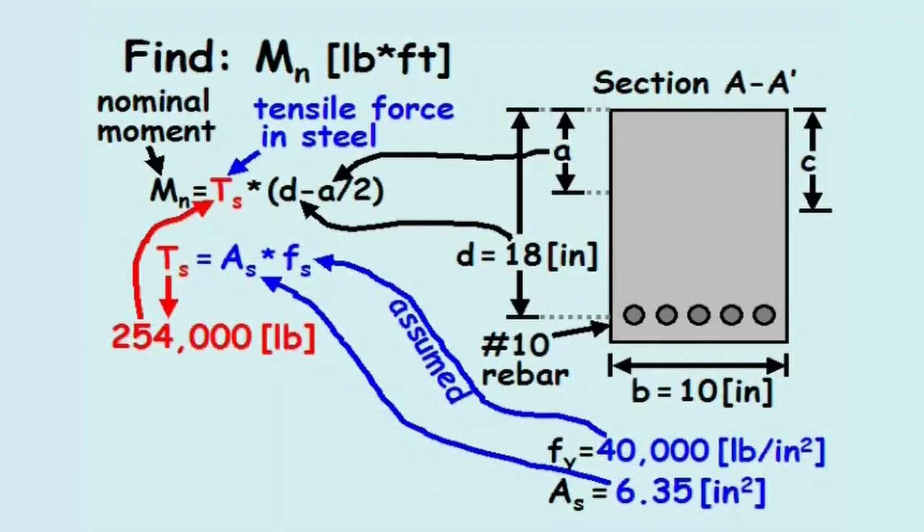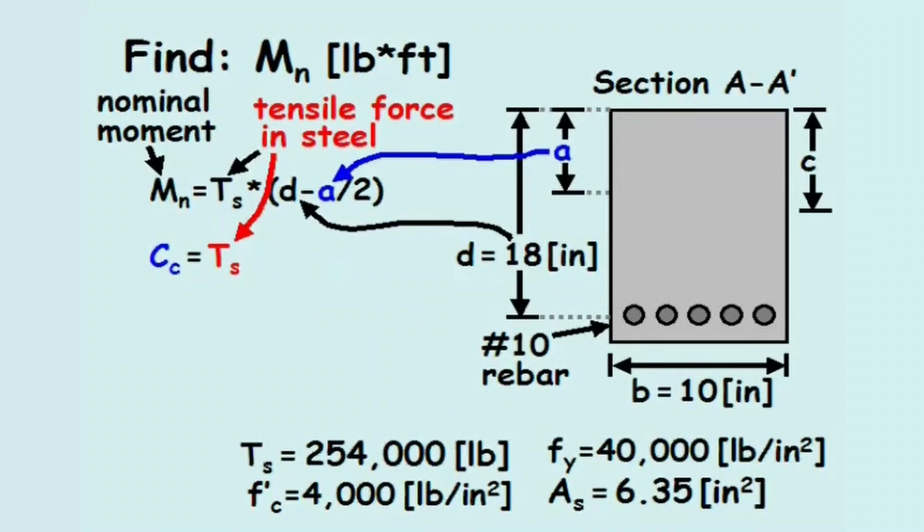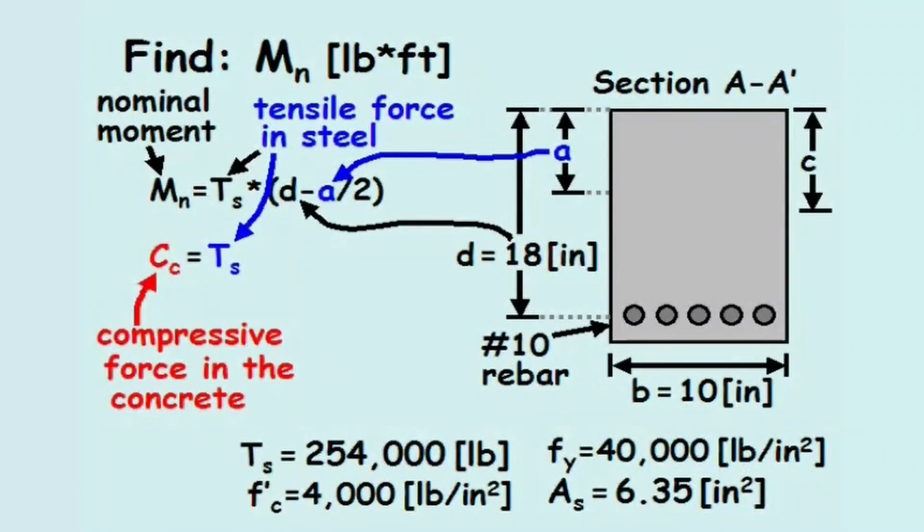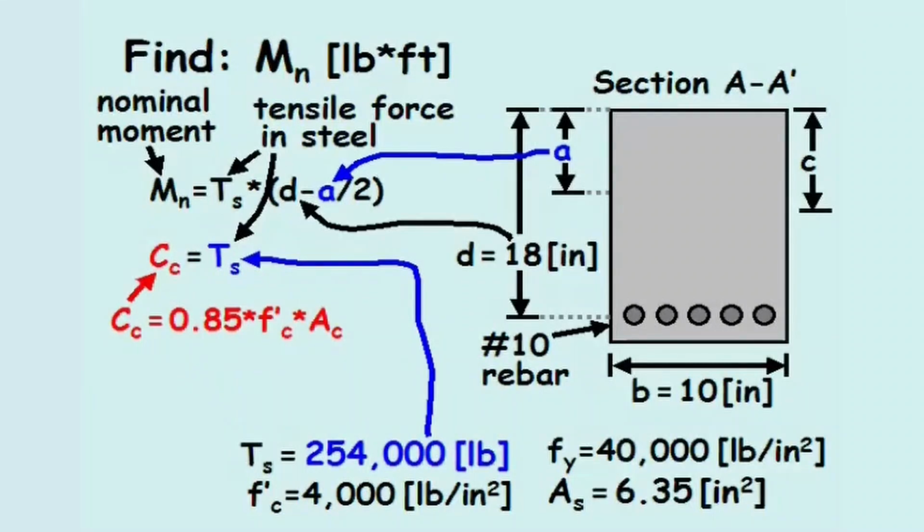To solve for the assumed value of A, we'll use the equation for axial force equilibrium, which states the tensile force developed in the steel equals the compressive force developed in the concrete. We already know the tensile force in the steel equals 254,000 pounds. So the compressive force in the concrete equals 0.85 times the compressive strength in the concrete times the area of concrete in compression.